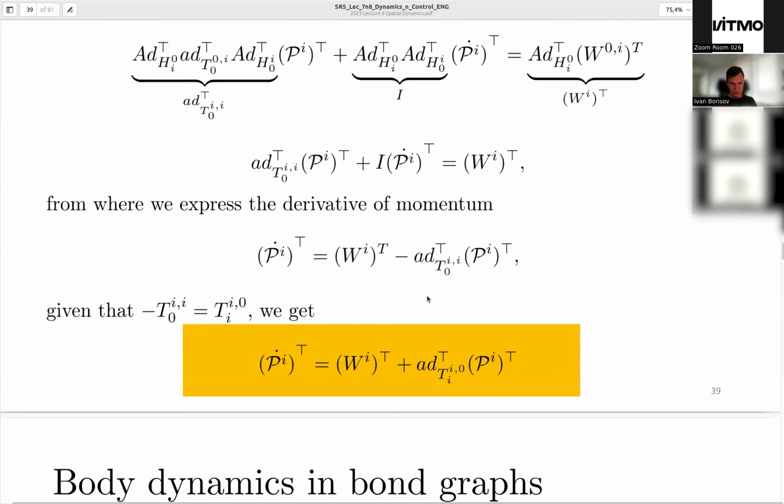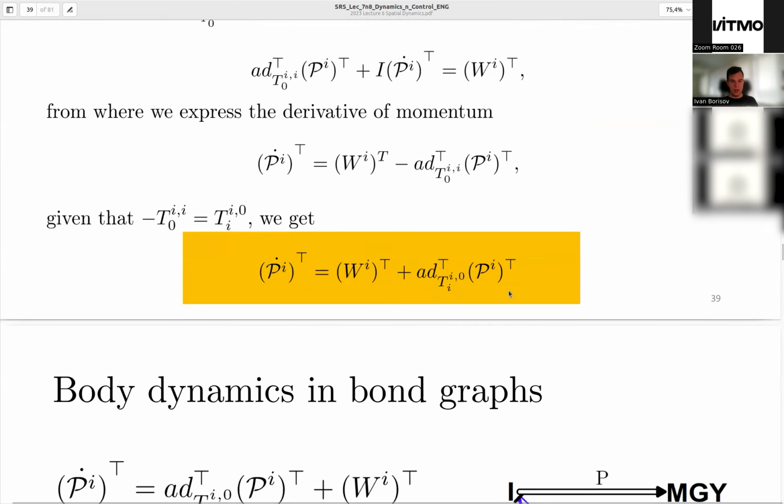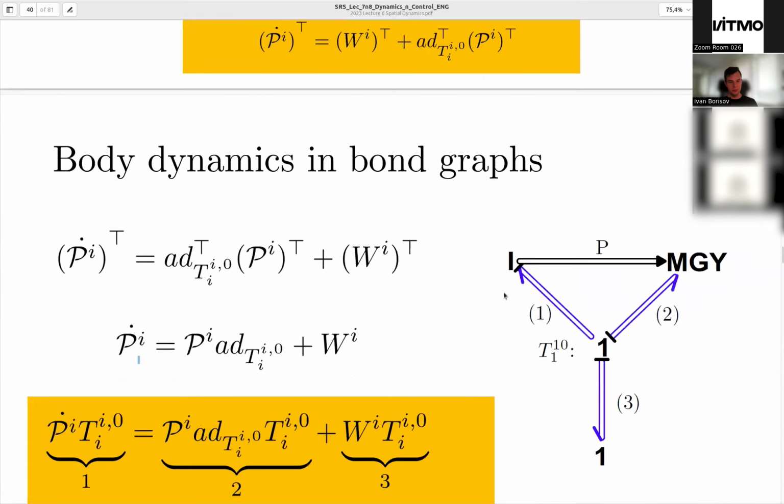And if you continue, you will get this equation. This is the momentum for a body expressed in the body frame. And if you multiply it with a twist, you will get the power formula.